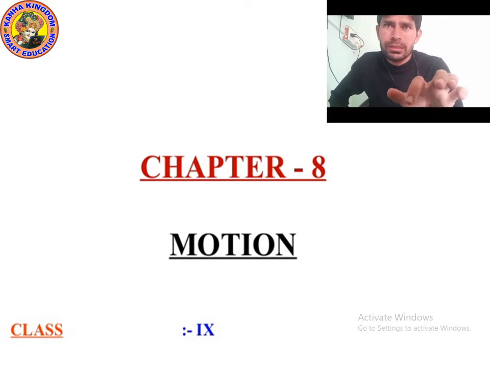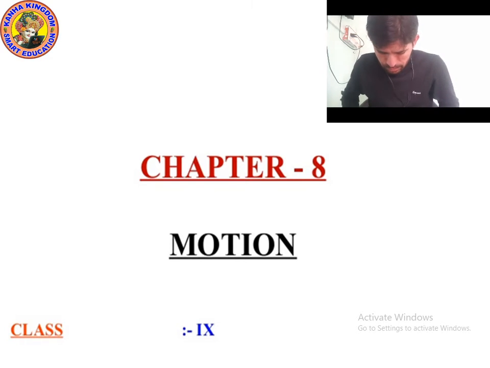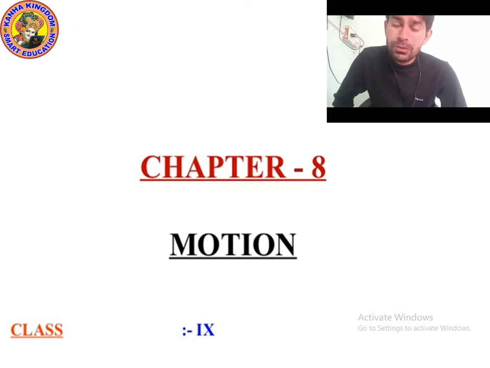Motion is actually the change in position from one place to another place with respect to origin, or you can say origin means reference point, starting point, zero.